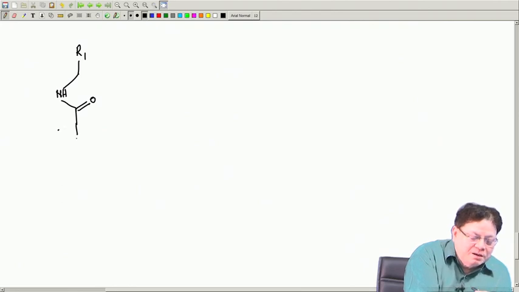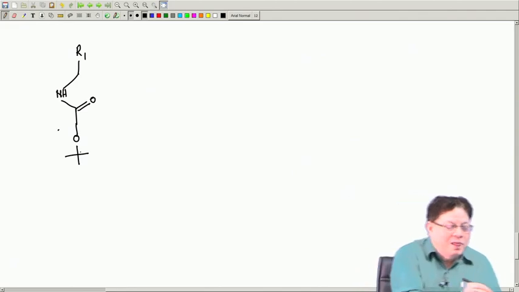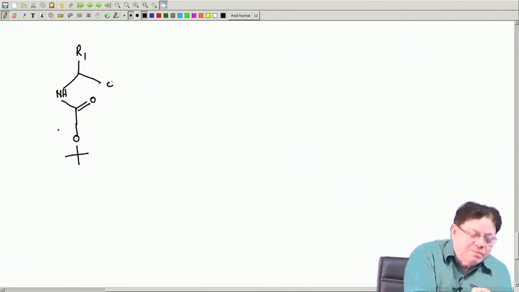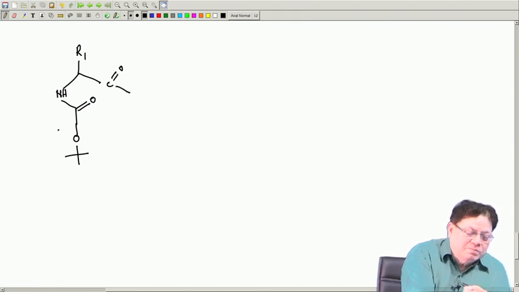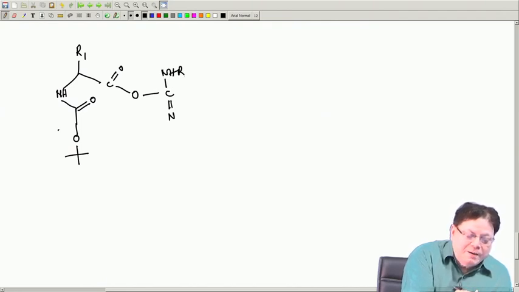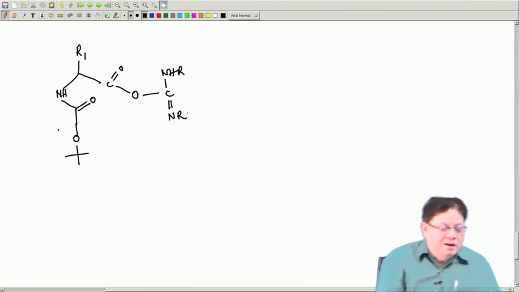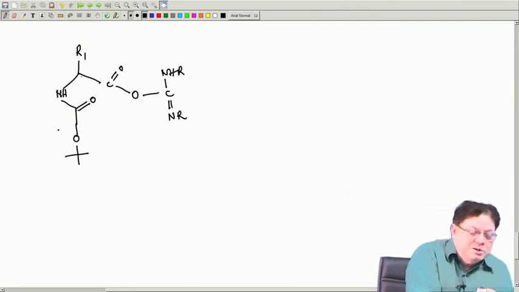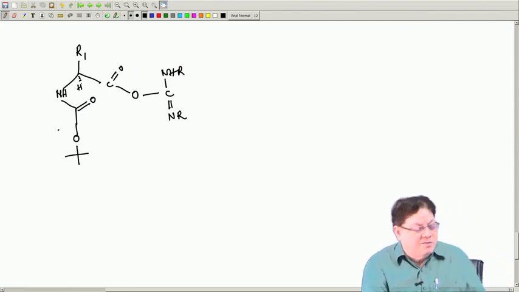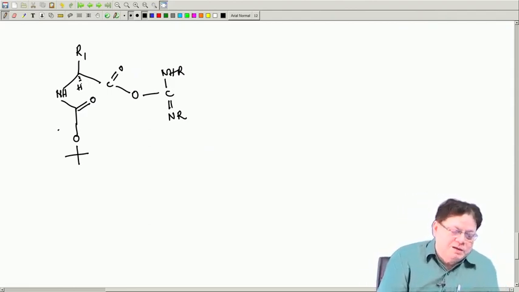Suppose you have this T-butyloxycarbonyl, T-BOC, and when you activate the carboxyl with DCC, the intermediate that you get is this, NHR double bond N, and this is R. This is the intermediate, this is your alpha hydrogen. You want to retain that, it should never get lost, otherwise there will be racemization.